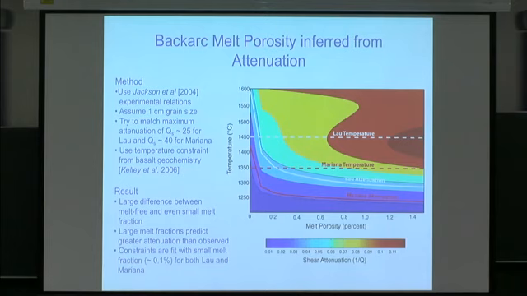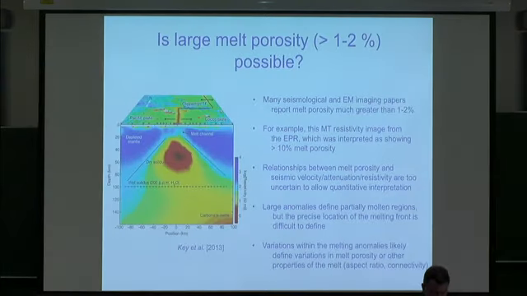That allows us to see where the attenuation matches that predicted by the Jackson et al. experimental results, and it's about 0.1% melt porosity. At least using those experimental results, we can match the high attenuation that we see in these areas with only a very small amount of melt porosity.